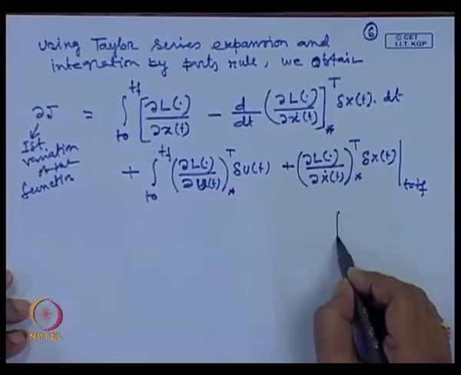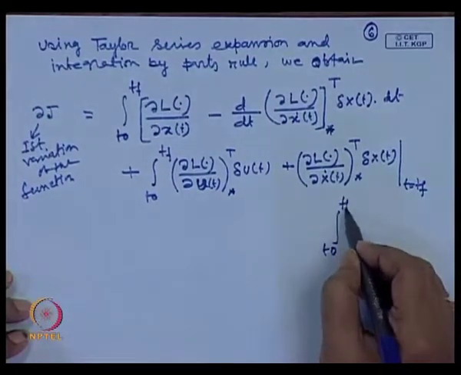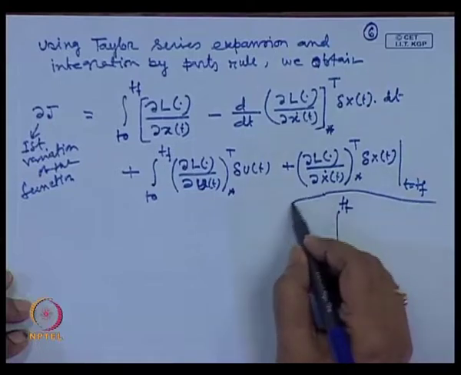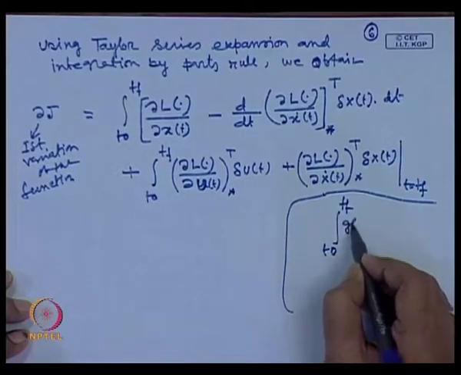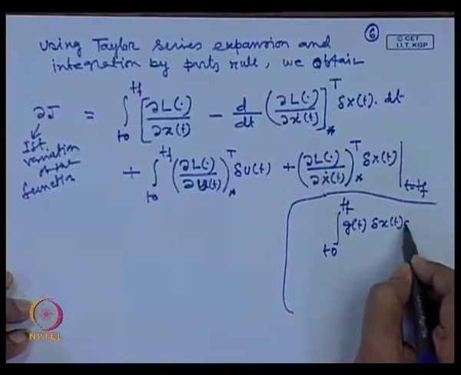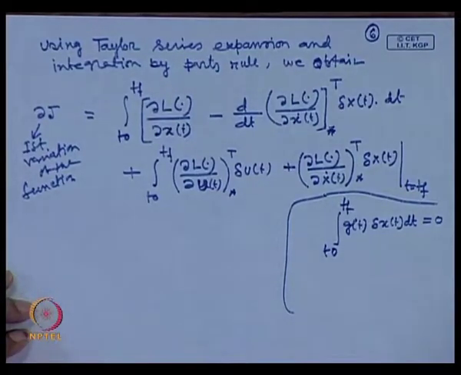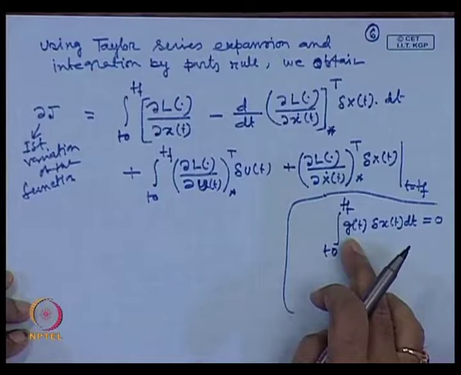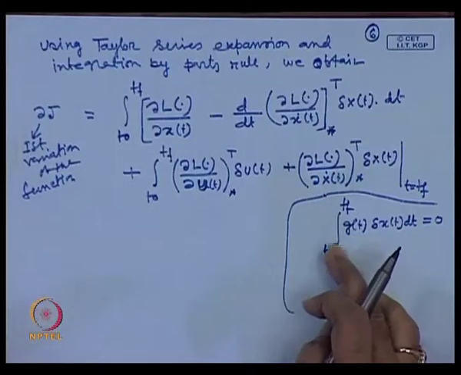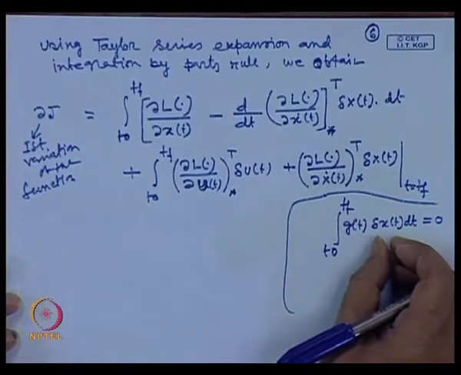Now consider that popular lemma that we considered earlier. I am repeating it once again. The integral from t 0 to t f of g of t times delta x of t dt is equal to 0. Here g of t is a continuous function, differentiable at each and every point in the interval, and delta x is a small change in that variable.